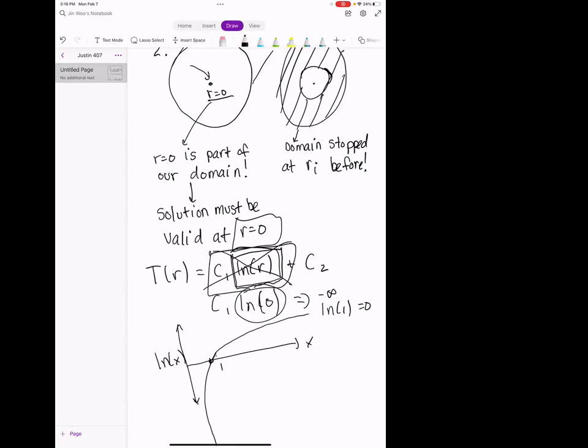What we say is that, in order for a solution to be valid, you can't be here. And so we literally just Thanos snap it out of existence. And that's actually our other boundary condition.